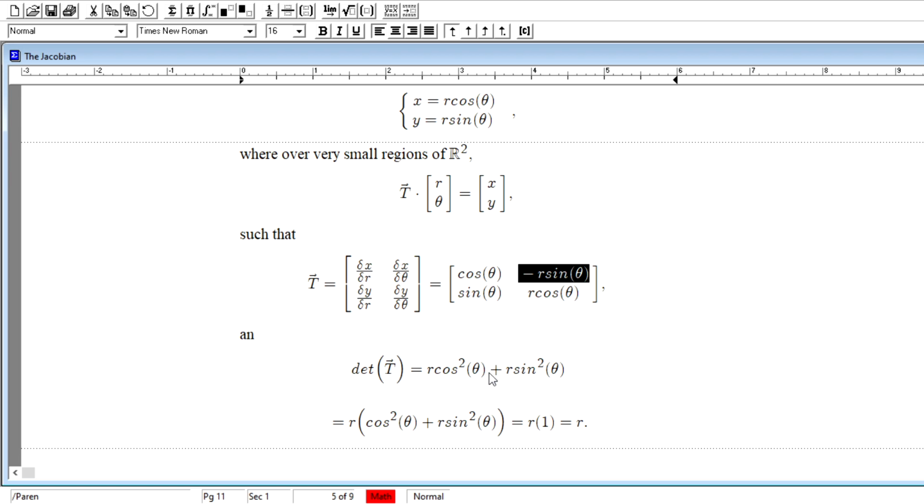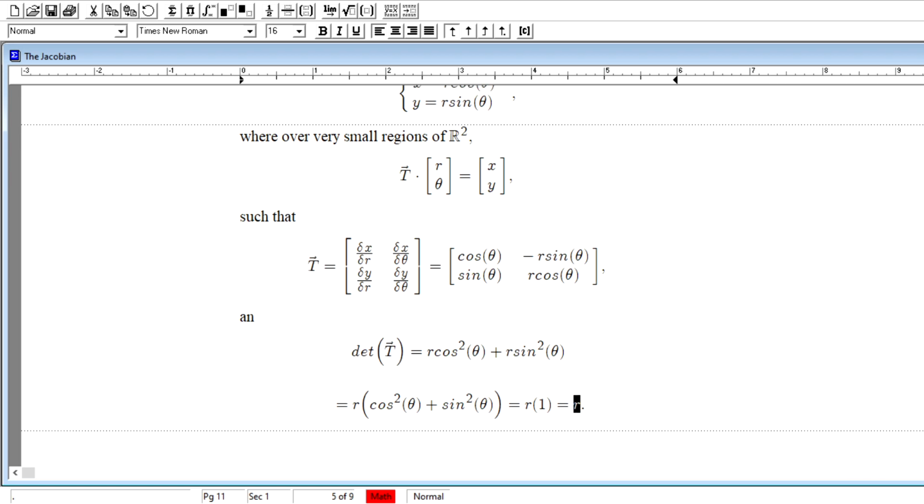Minus the negative makes that positive. In r cosine squared theta plus r sine squared theta, we can factor out r, where cosine squared theta plus sine squared theta is equivalent to 1. So r times 1 is just r, and the determinant of this transformation matrix just becomes the value r.